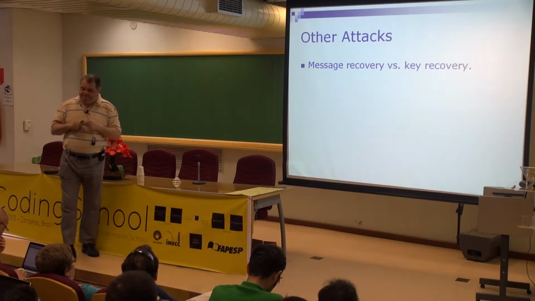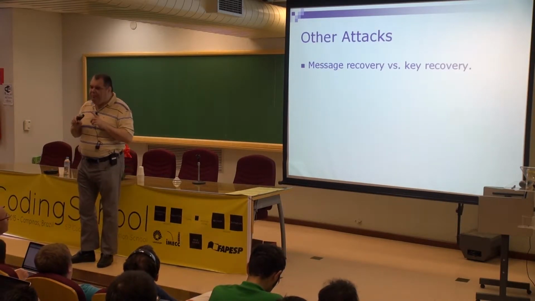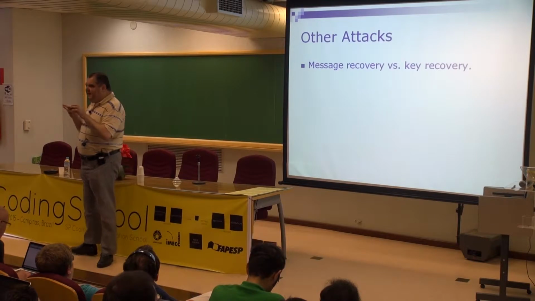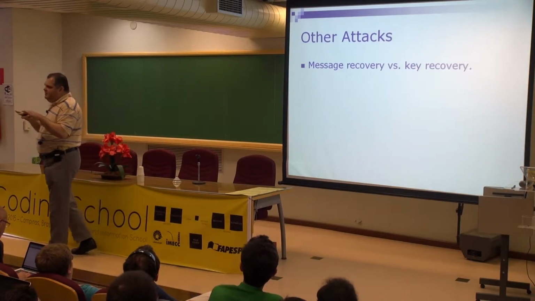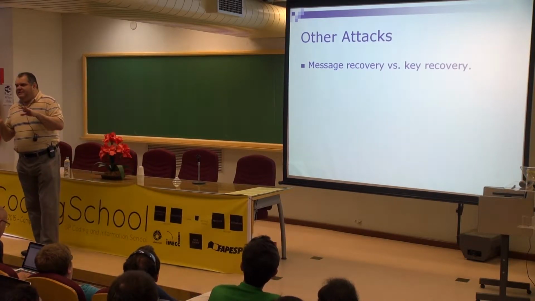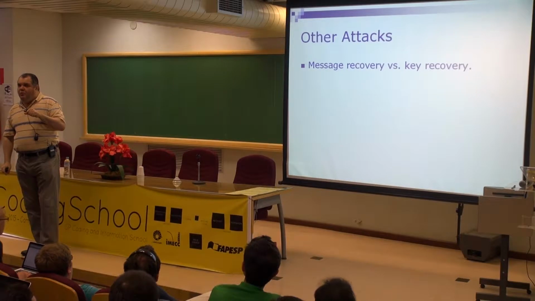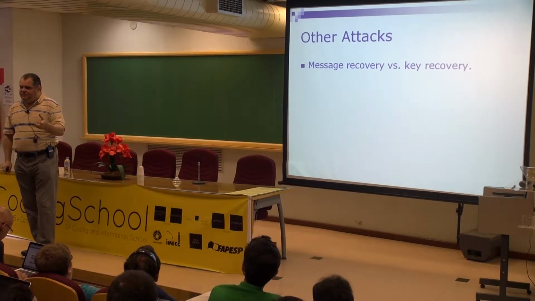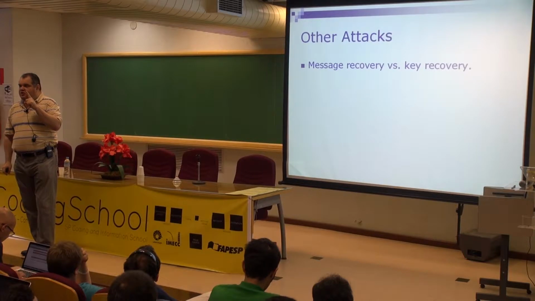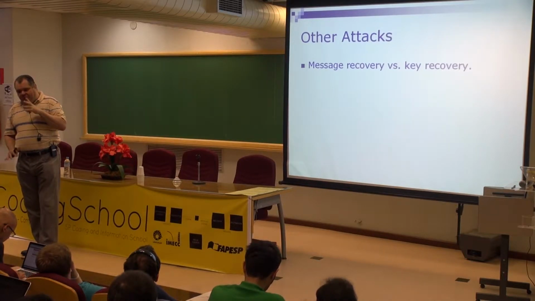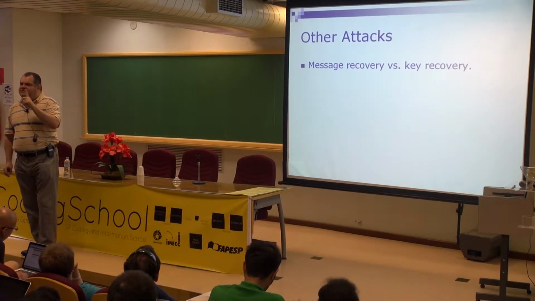For instance, there is an interesting unbalance between the costs we find for attacks whose goal is to recover one message from a given ciphertext. So the adversary's goal is to decode only one message, not all possible messages, only one message.